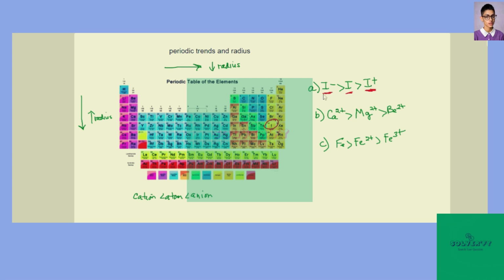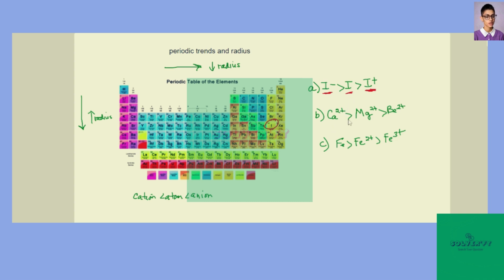The anion is always going to be the largest because there's more kids to take care of, and it's more difficult for protons to hold a greater number of electrons toward itself. So they're allowed to wander a little bit more, and that results in a larger overall species.